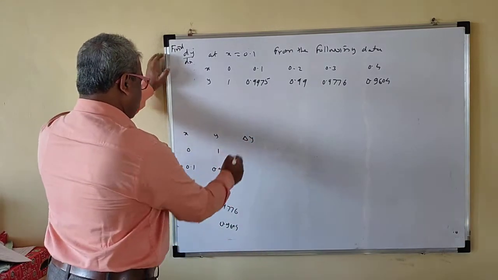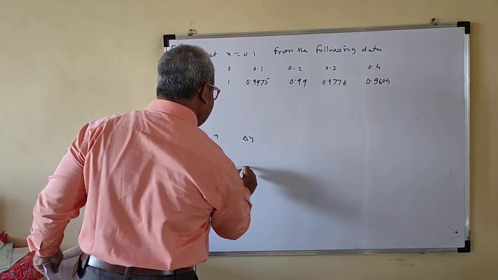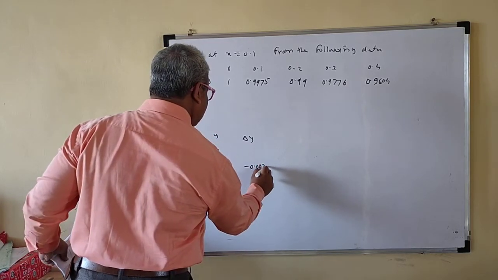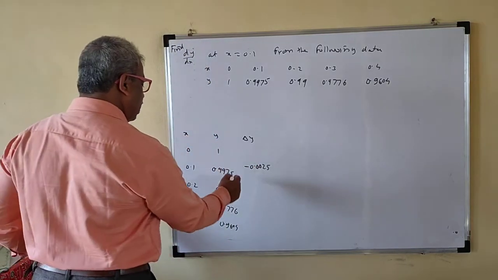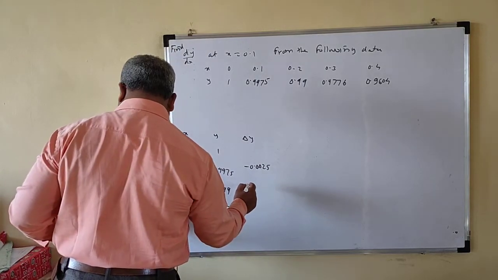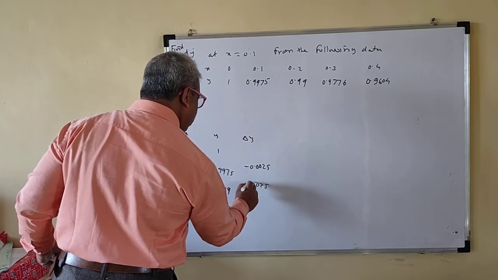This minus this is minus 0.0025. This minus this is minus 0.0075.